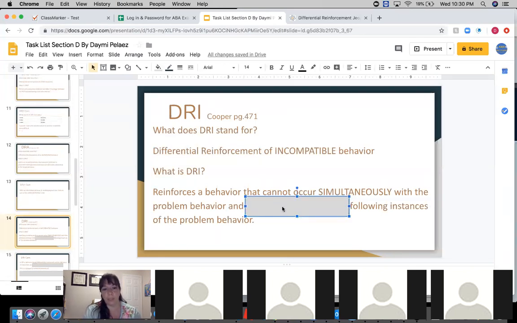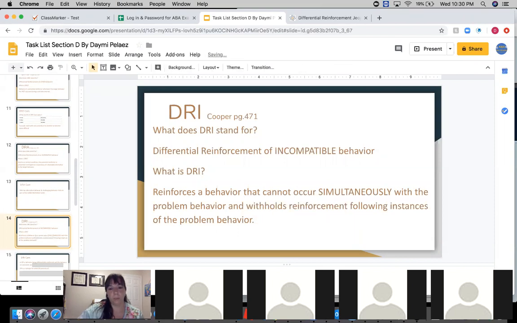And blank following instances of the problem behavior. Okay. Well, let me just give it to you. Problem behavior and withhold reinforcement following instances of the problem behavior.